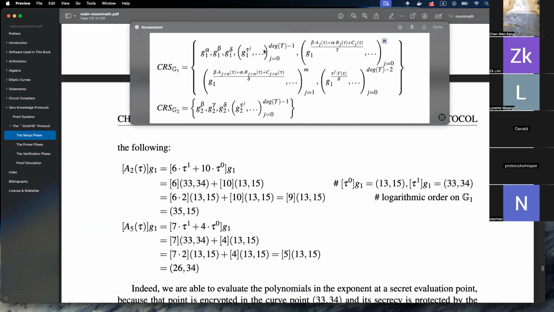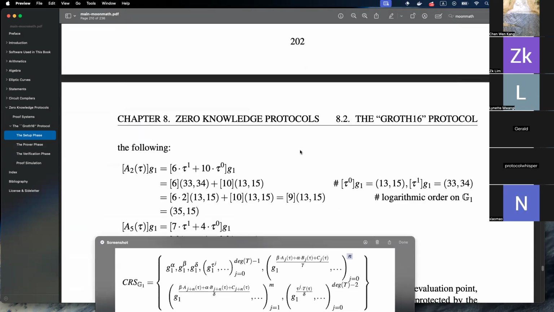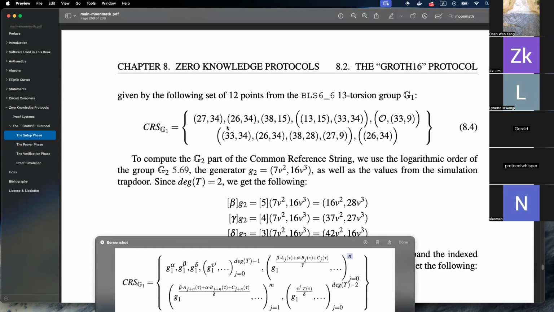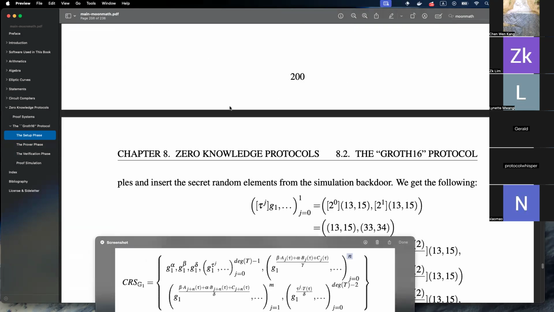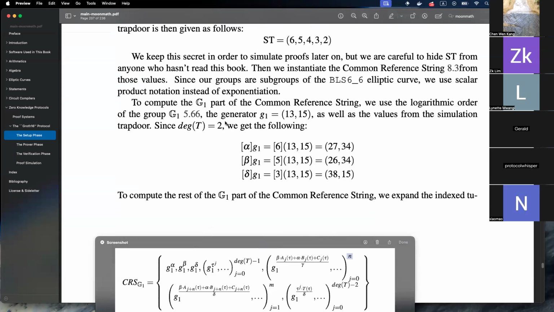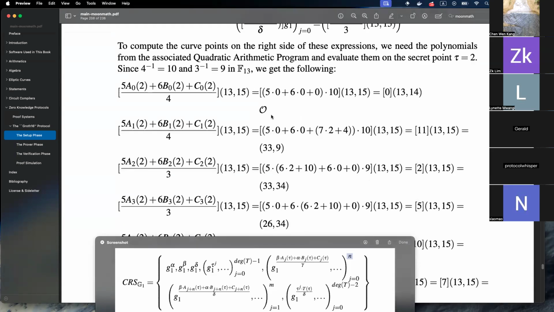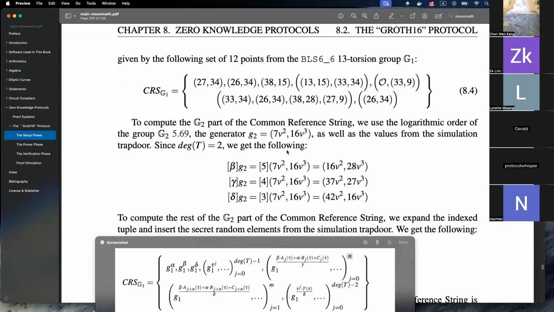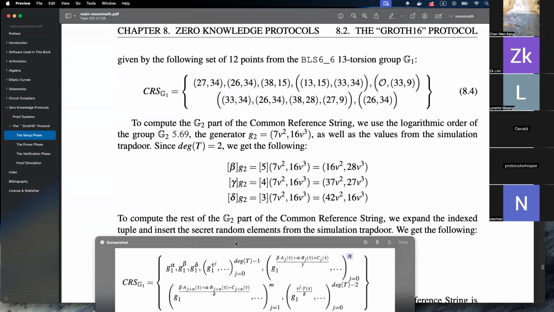Recall that when we were computing it for the tree factorization problem, we computed everything here.